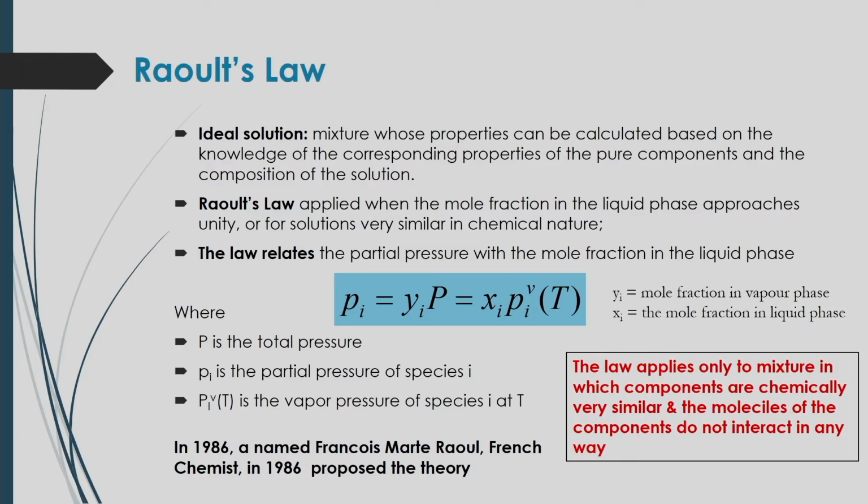Suppose a liquid is becoming its vapor at its particular equilibrium condition. In a particular solution, some components will go to the vapor phase when it vaporizes and some components will remain in the liquid phase.